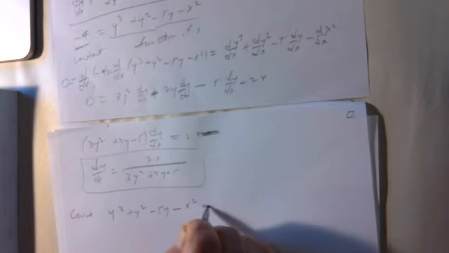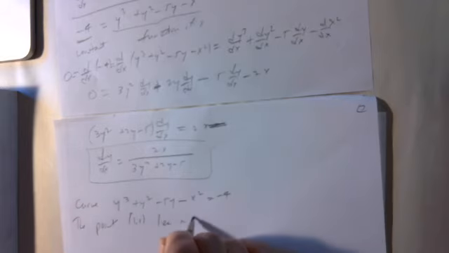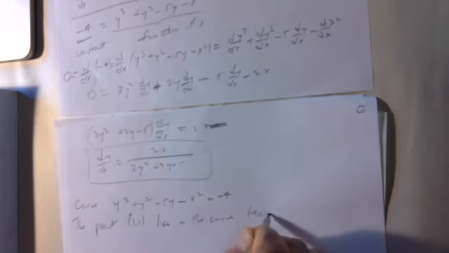So, for example, remember we have this curve, y cubed plus y squared minus 5y minus x squared equals minus 4. The point (1, 1) lies on the curve. Because when I substitute x equals 1 and y equals 1, I get 1 cubed plus 1 squared minus 5 times 1 minus 1 squared.